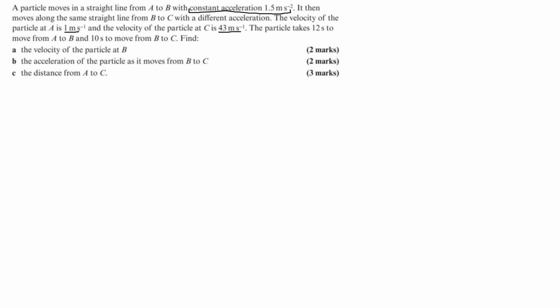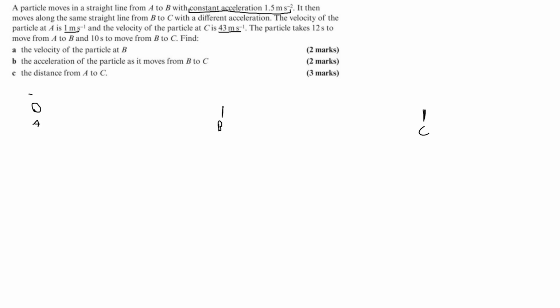Okay, so first things first, I would always recommend drawing a diagram. So from here, this is A, right? I'll call this point B. I'll call this point C, right? What do we know?